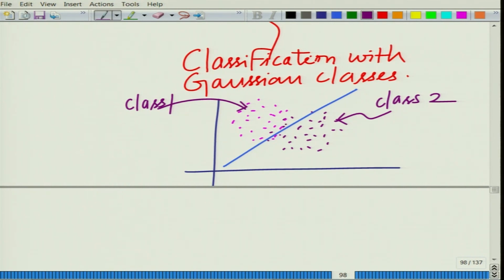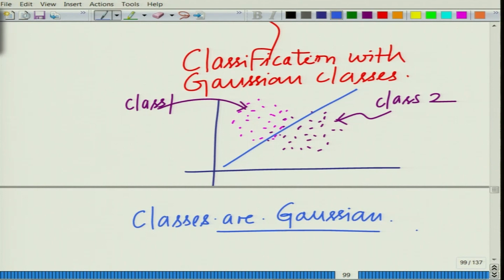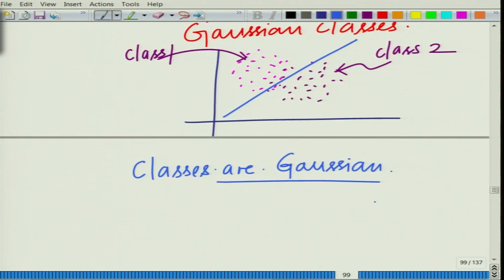Now let us say these classes are Gaussian. In this problem, and this frequently arises, these classes are Gaussian. Class 1 is Gaussian with mean mu1 bar and covariance sigma.